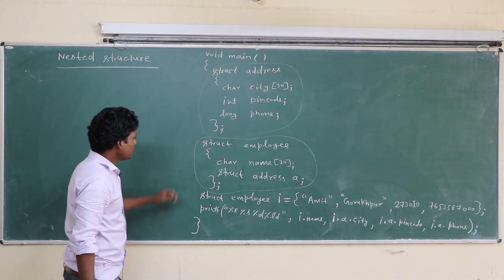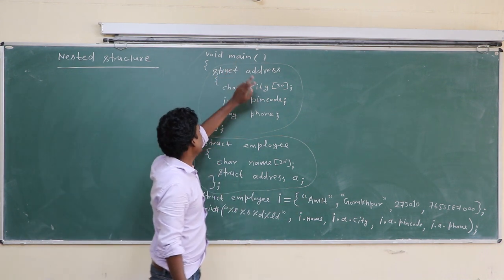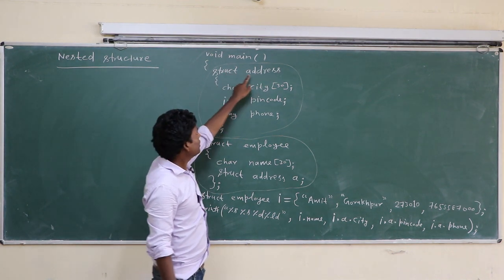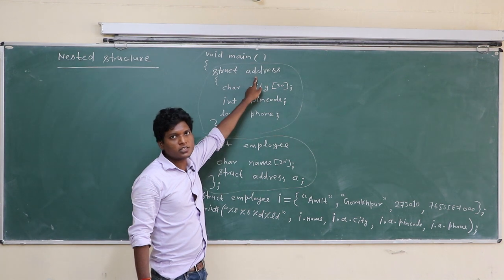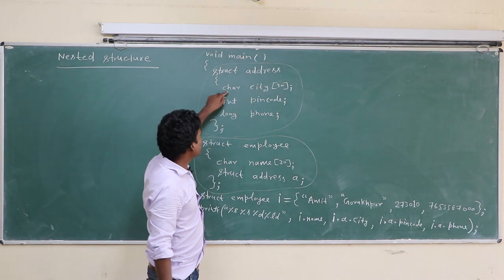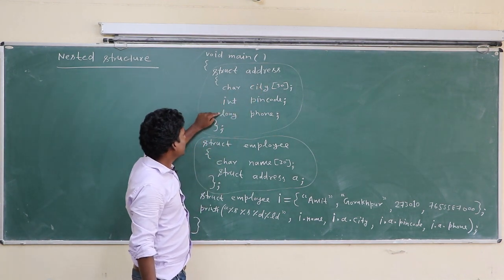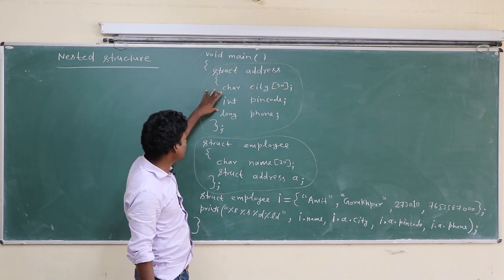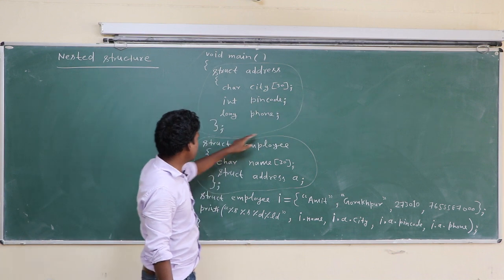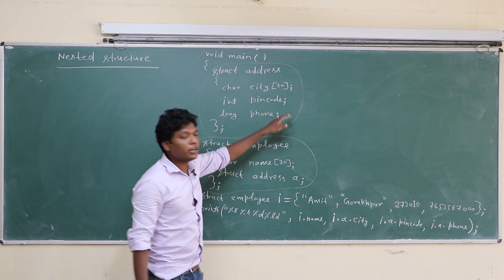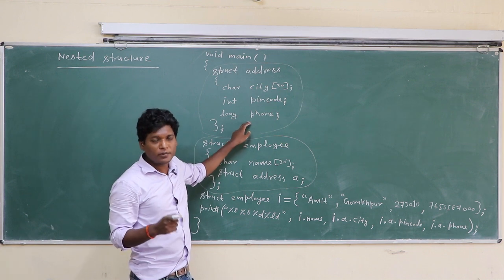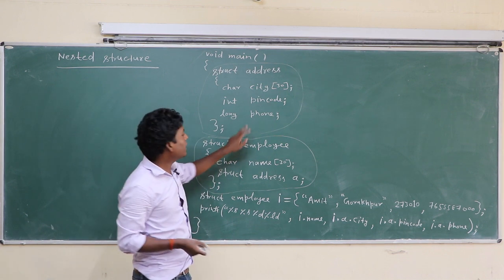Class, here program execution starts from main, and control comes to this line. Here the struct keyword, address is the name of the structure. These three things are the elements, or members, of the structure, and this whole thing from here to here is a structure data type, or you can say a new data type, a user defined data type.